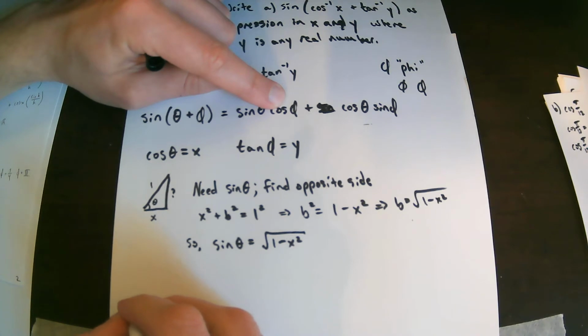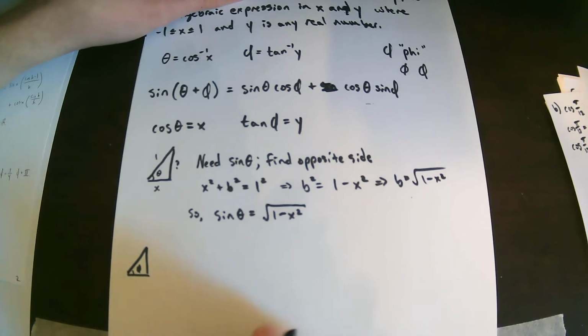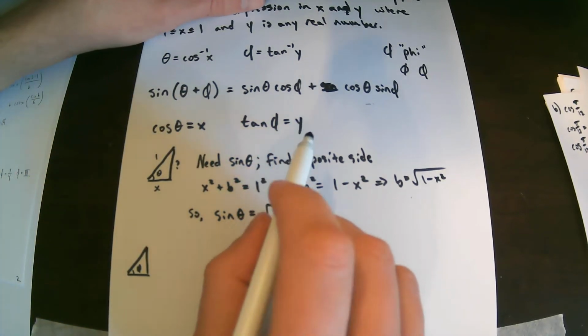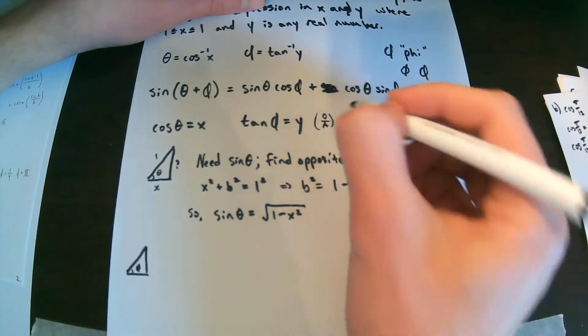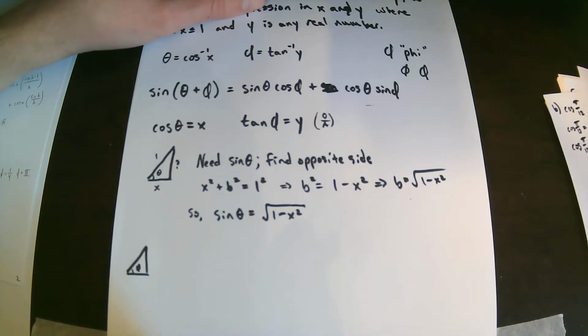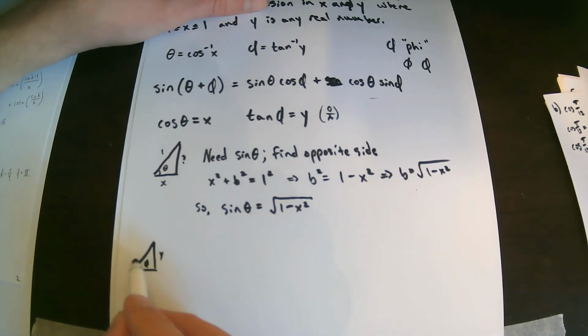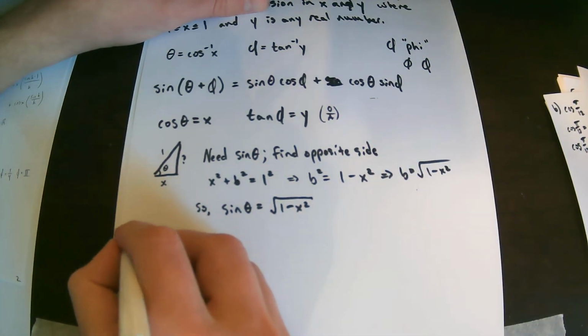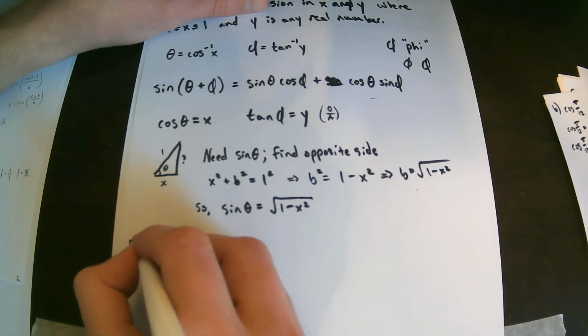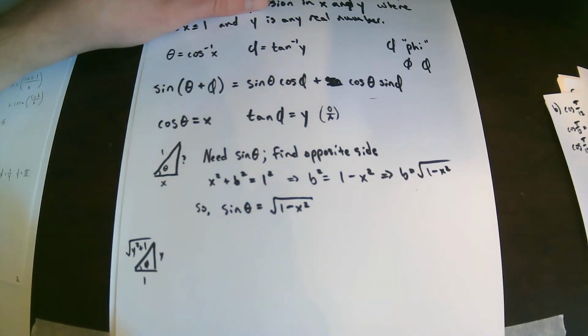So let me draw a new triangle with phi, and if tangent of phi is equal to y, then this is opposite over adjacent. So we're going to have y over 1, opposite over adjacent, there we go. And now I need to find the hypotenuse, and in a similar way, the hypotenuse will be the square root of y squared plus 1, just by working the Pythagorean theorem again.